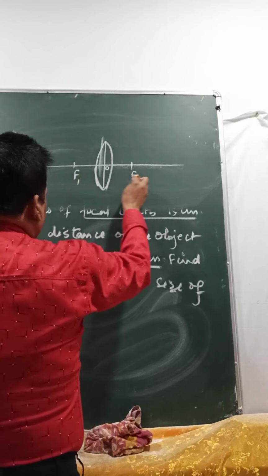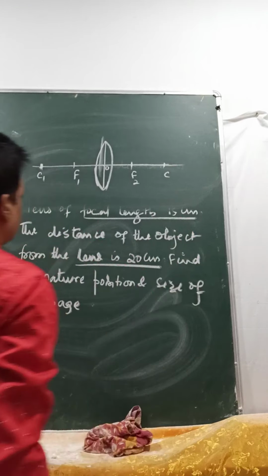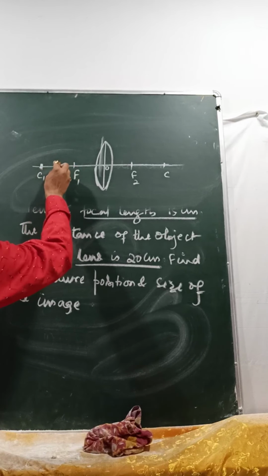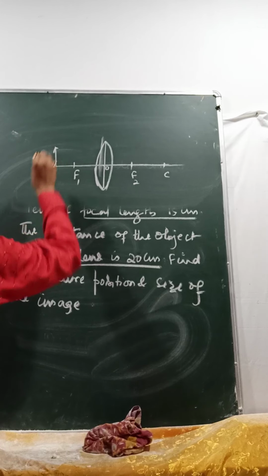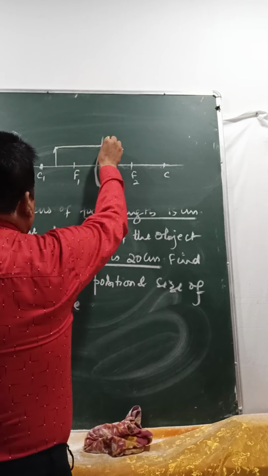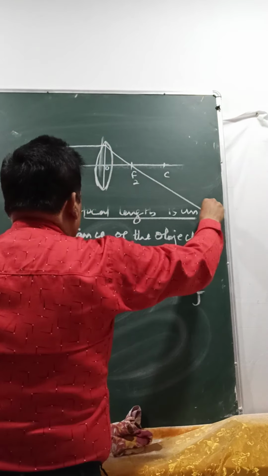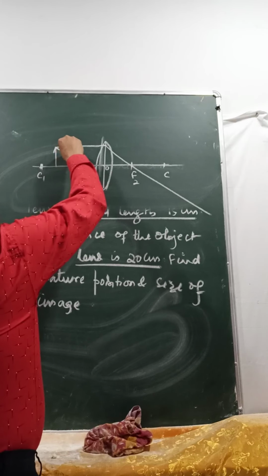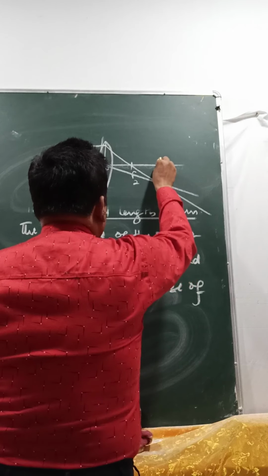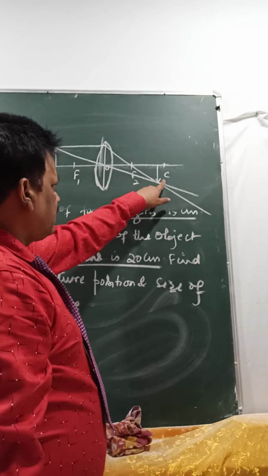This is F1, F2, and this is your C2. Now this is 15. That means this total is 30. Object is at 20, which means between C and F. So the ray that goes parallel to principal axis converges through focus. Another ray that comes through the optical center passes out without any deviation. Okay, it looks like an inverted real image.